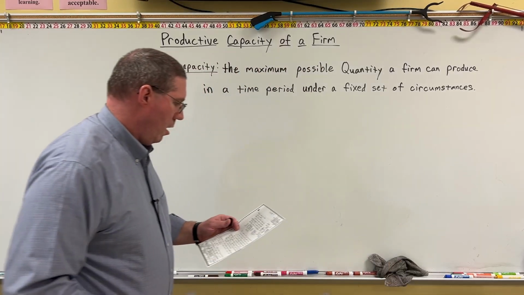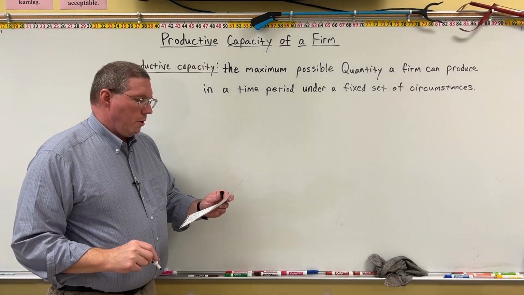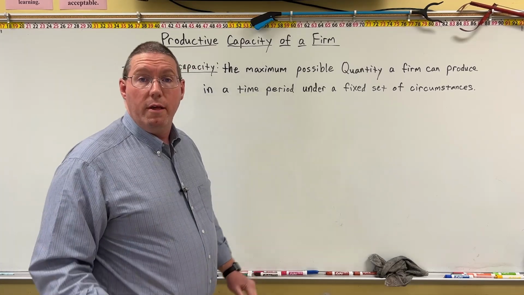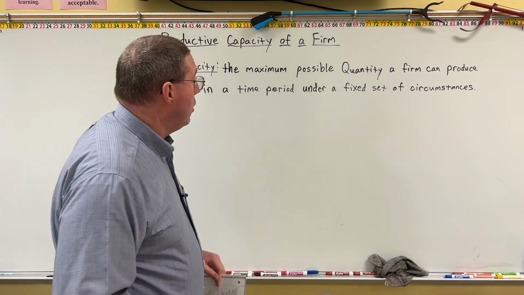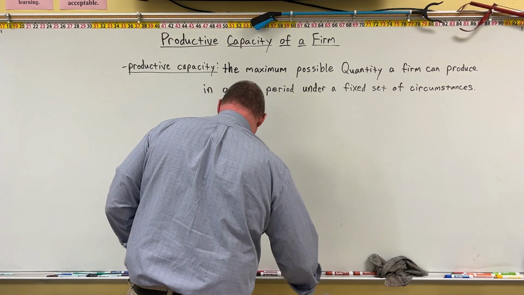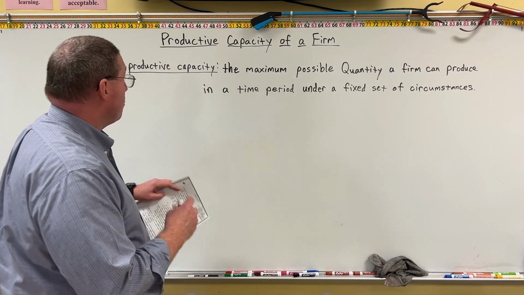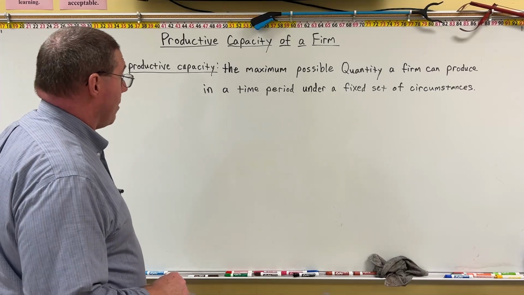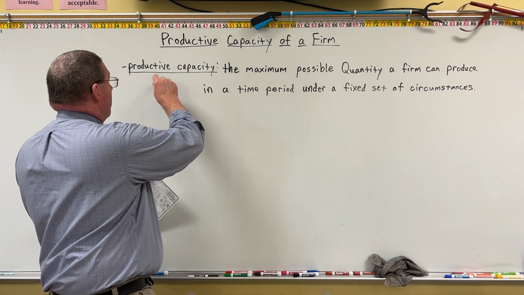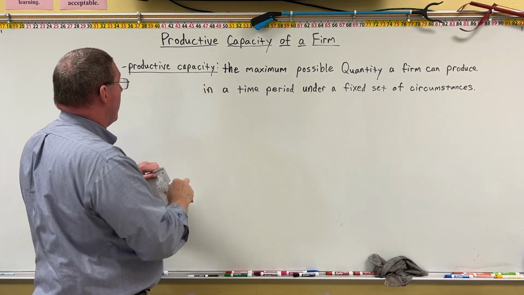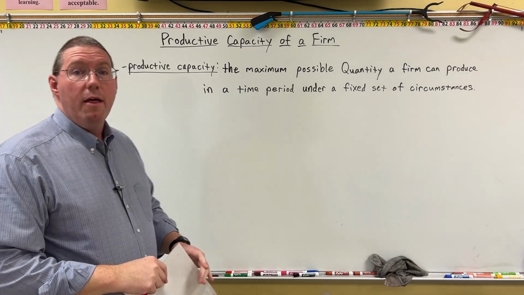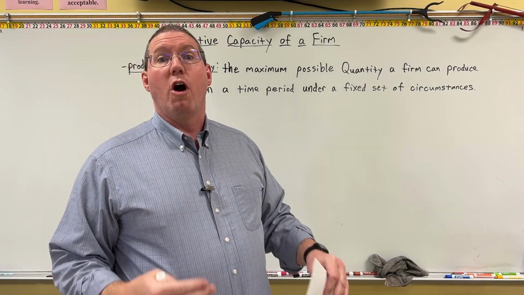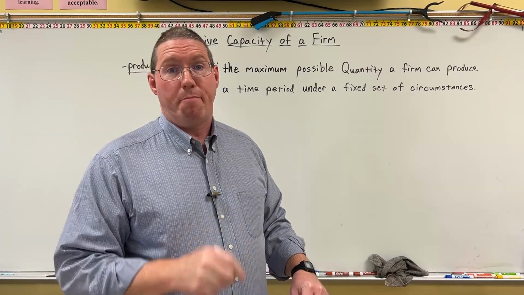Okay. Let's talk about this definition and refer to the example of UGI Corp. There are 3 things going on in this definition. First, productive capacity. Capacity is like a limit. The capacity of a certain car might be 5 passengers.